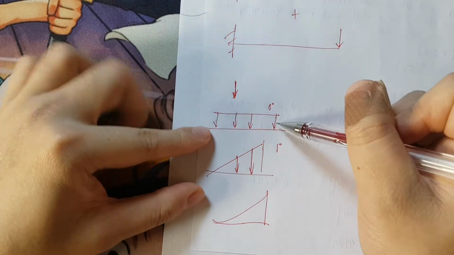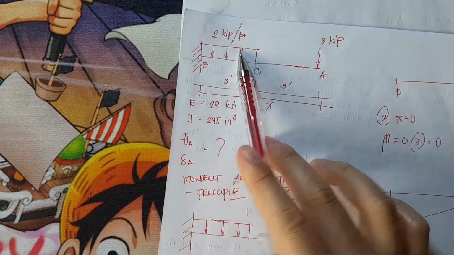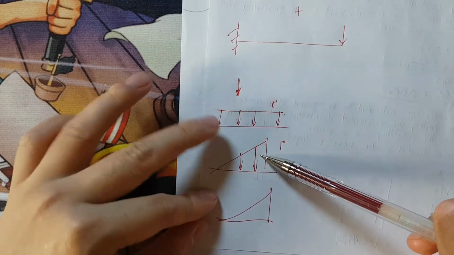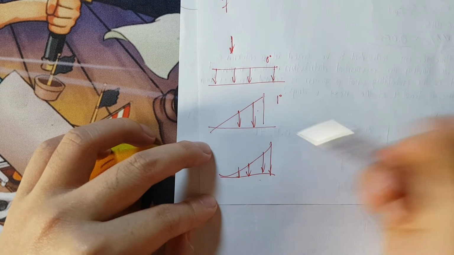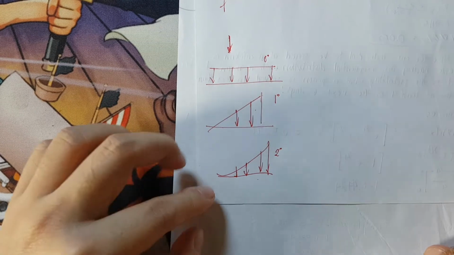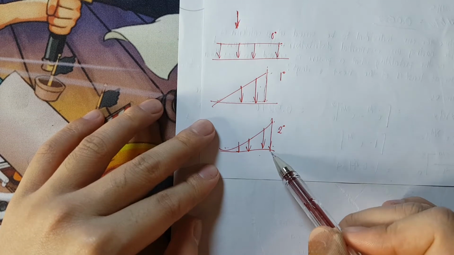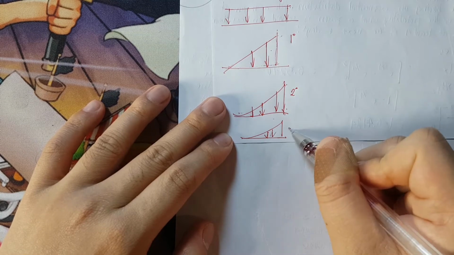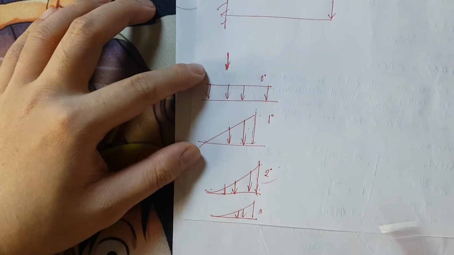Pero, if nag-start ka sa uniformly distributed load sa given, katulad nito, sa shear diagram mo, magiging uniformly increasing load. Then sa moment diagram, magiging parabolic na yung shape natin. And this is a second degree curve. Okay? But, kung ito naman yung binigay sa load mo, ito ang lalabas sa shear diagram mo, then sa moment diagram, it would be a 3 degree curve. Okay? So this is a parabolic spandrel.